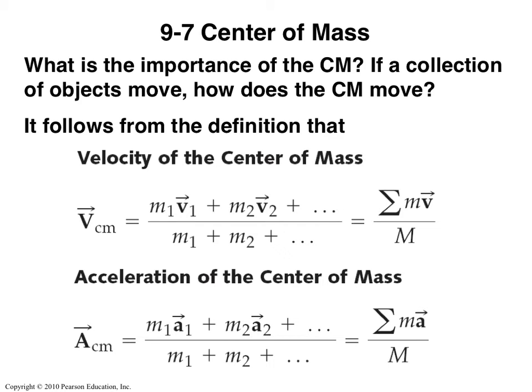Different points, if this is 1, it may have moved here. 1 would have moved to a different x position, right? But I don't care. I have an initial, I have a final. I can just calculate where the initial center of mass x position is.